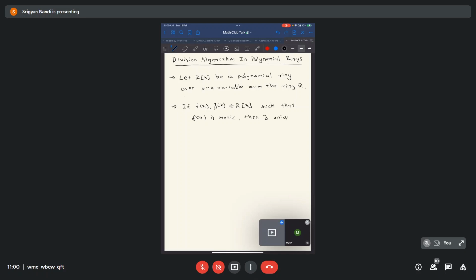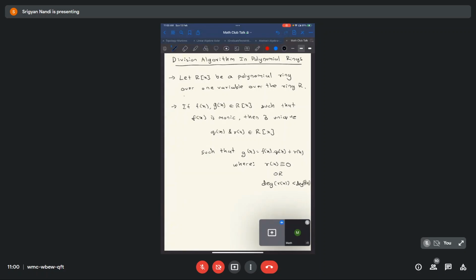There exist unique q(x) and r(x) that lie in the polynomial ring, such that g(x) equals f(x)q(x) plus r(x), where r(x) is either equal to 0 or the degree of r(x) is less than the degree of f(x).